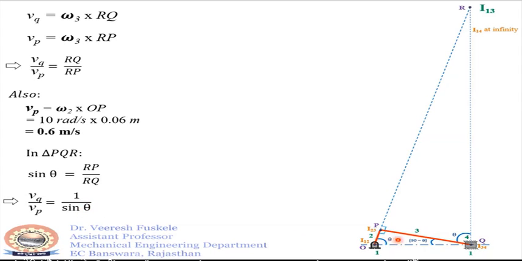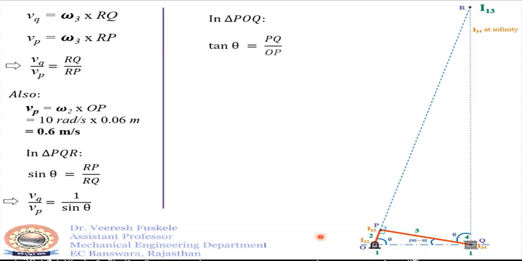So here it is theta. We can find theta from this triangle OPQ. So in triangle POQ, we have tan theta, tan of this angle, tan theta will be equal to perpendicular upon base.